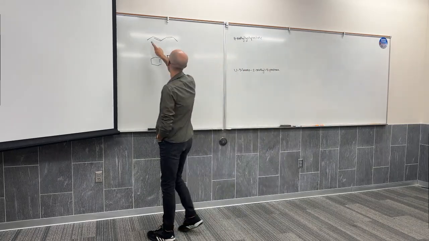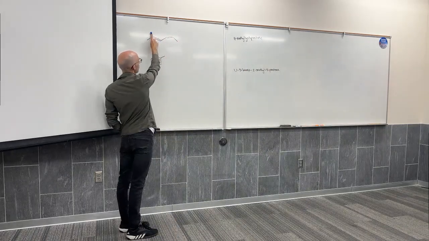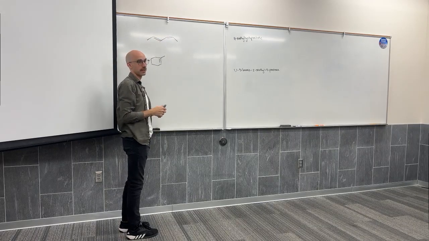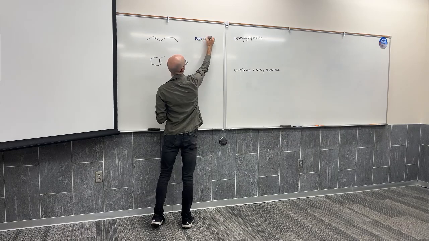So you might see this named one of two ways. First of all, whether I number from the left or from the right, I'm going to have my alkenes at position 2 and 4. So this becomes hexadiene.